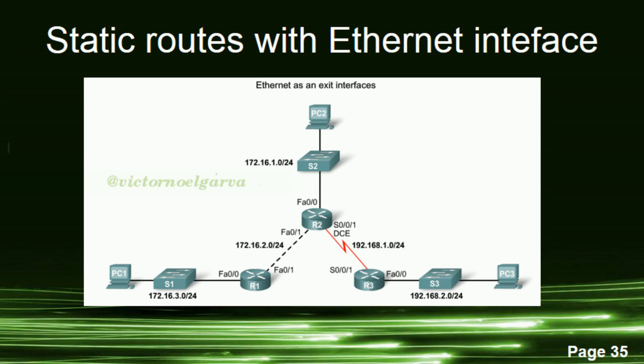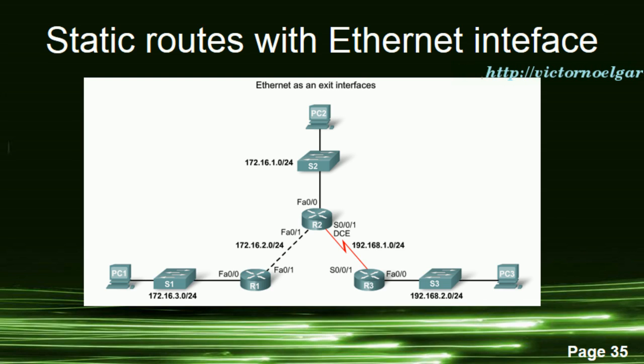Sending an ARP request. If this entry is not in the ARP table, R1 sends an ARP request via its Fast Ethernet 0/1 interface. The Layer 2 broadcast is requesting that if any device has the IP address 172.16.2.2, it should respond with its MAC address. Because R2's Fast Ethernet 0/1 interface has the IP address 172.16.2.2, it sends back an ARP reply with the MAC address for that interface.